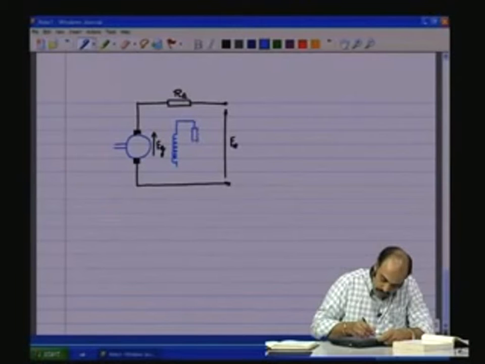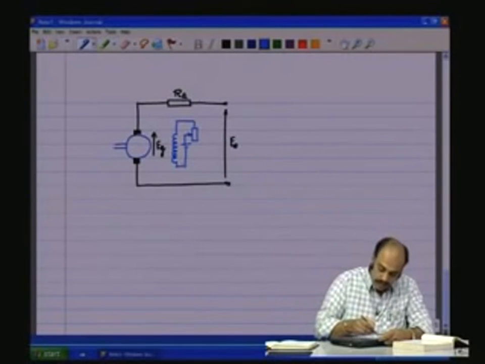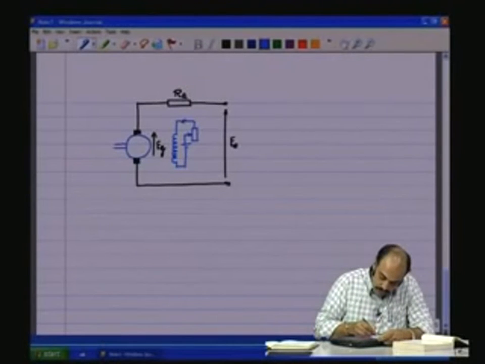It can be obtained by a separate source as shown here. So, this is going to provide you I F.